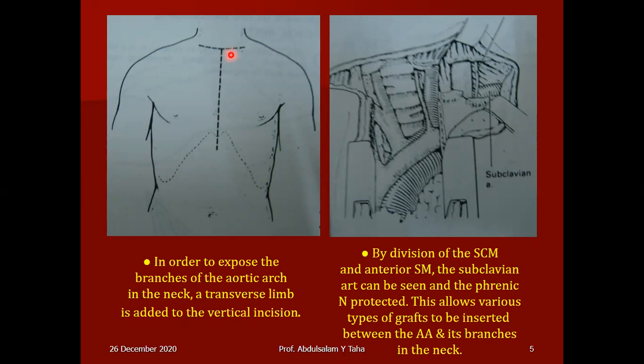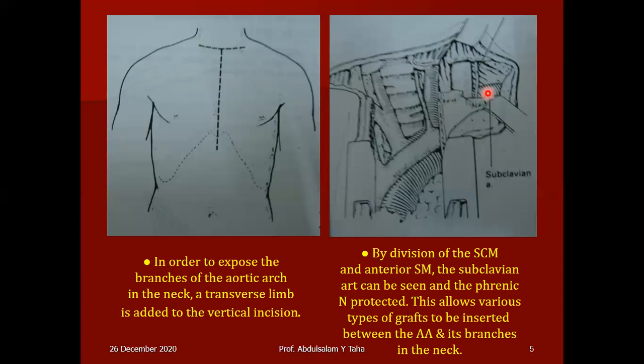The incision will be a T-shaped incision, and after putting a retractor and division of some muscles, the sternocleidomastoid muscle and the anterior scalene muscle, we will have a very good exposure of the branches, including the left subclavian artery.